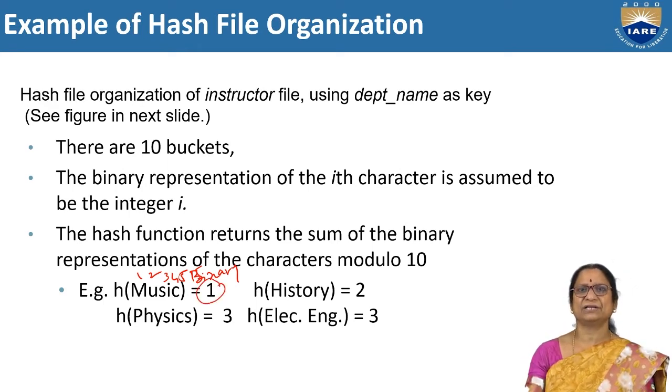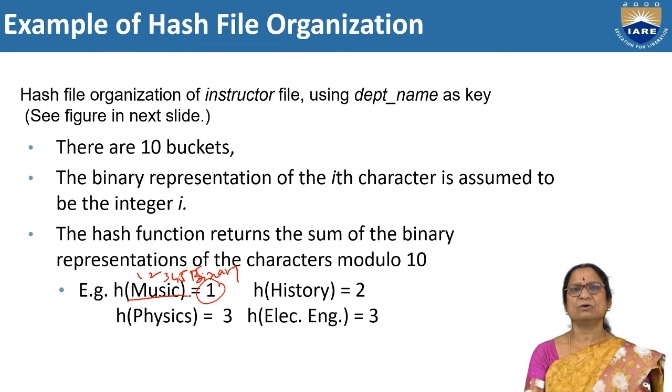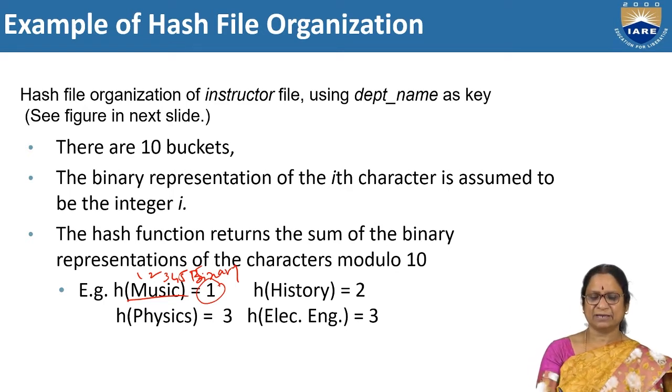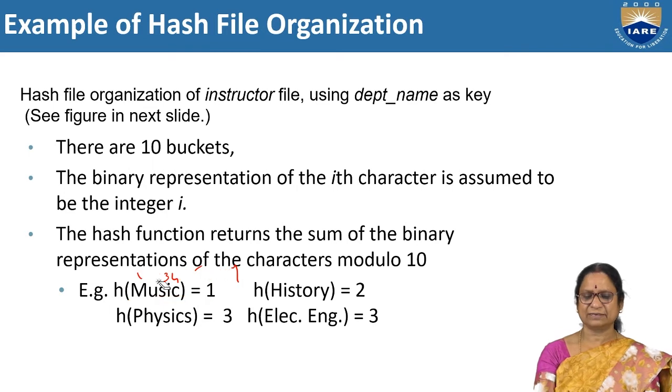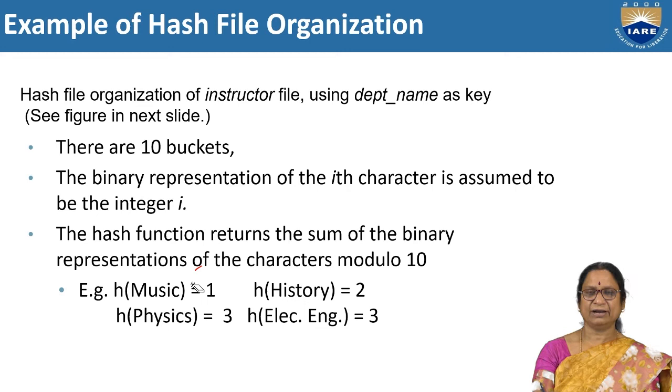Similarly, H of history, H of physics, H of electrical engineering. That means each character is first considered as an integer: first character as 1, second character as 2, and so on. Convert them into binary representation, and then the sum of those binary representations is considered as a total value and divided by 10.